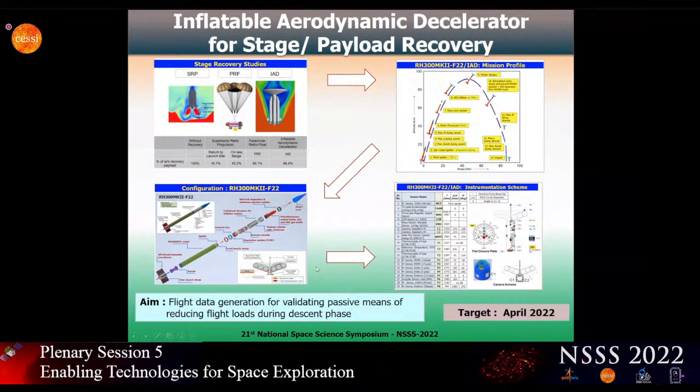In this experiment, you see this toroidal aerodynamic decelerator, which will be kept folded inside the nose cone. It will be deployed at the desired altitude of about 70 plus kilometers, and it will be brought down at a very shallow aspect and recovered using this IAD.